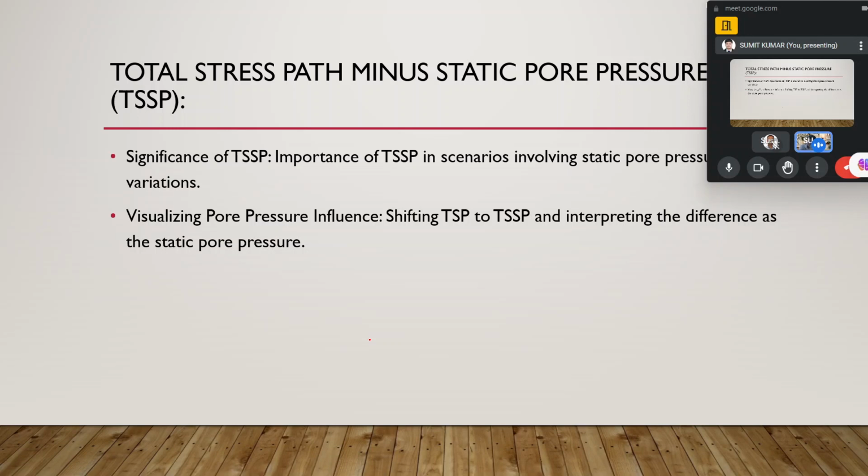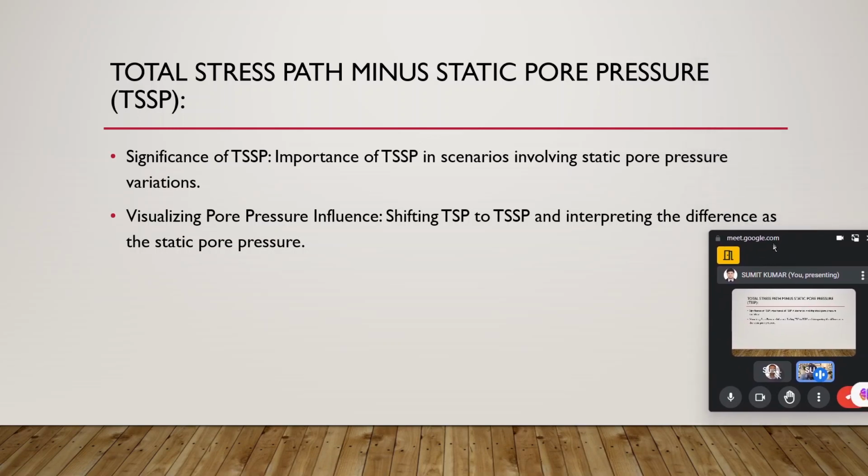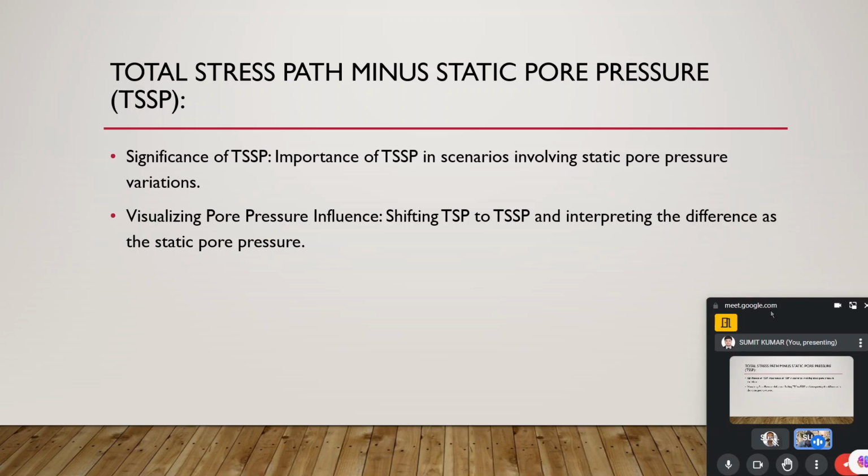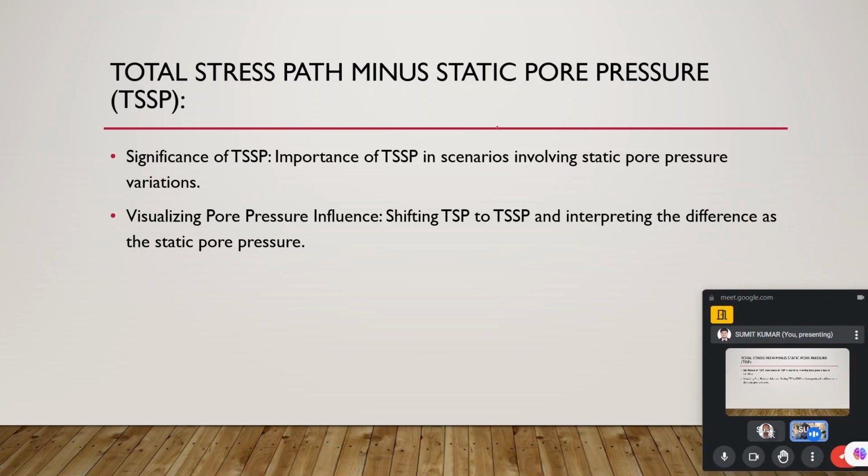The significance of TSSP or effective stress path is its importance in understanding static pore pressure variations, visualization of pore pressure influences, the shifting of the total stress path to the effective stress path, and interpreting the difference from the static pore pressure.